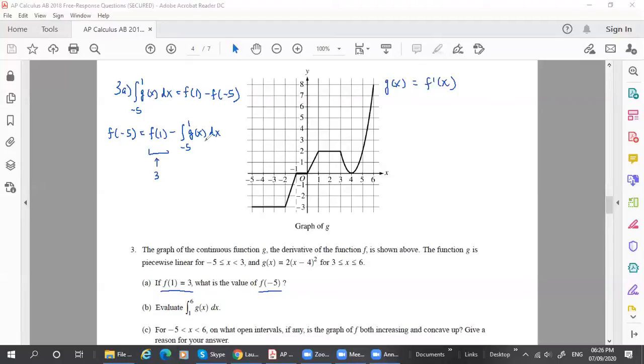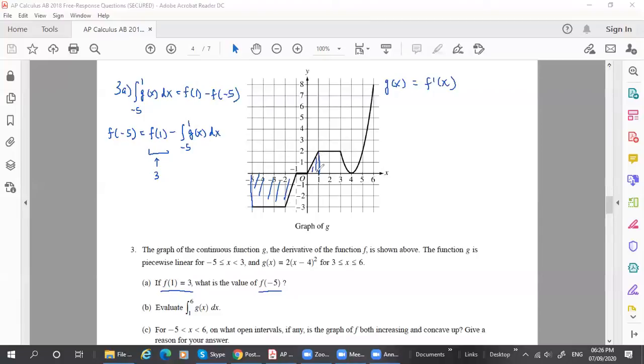And for the second part here, the definite integral of g(x) from -5 to 1 is just the area in between the graph of g(x) and the x-axis from -5 to 1. Basically, we are looking at this area here until 1.